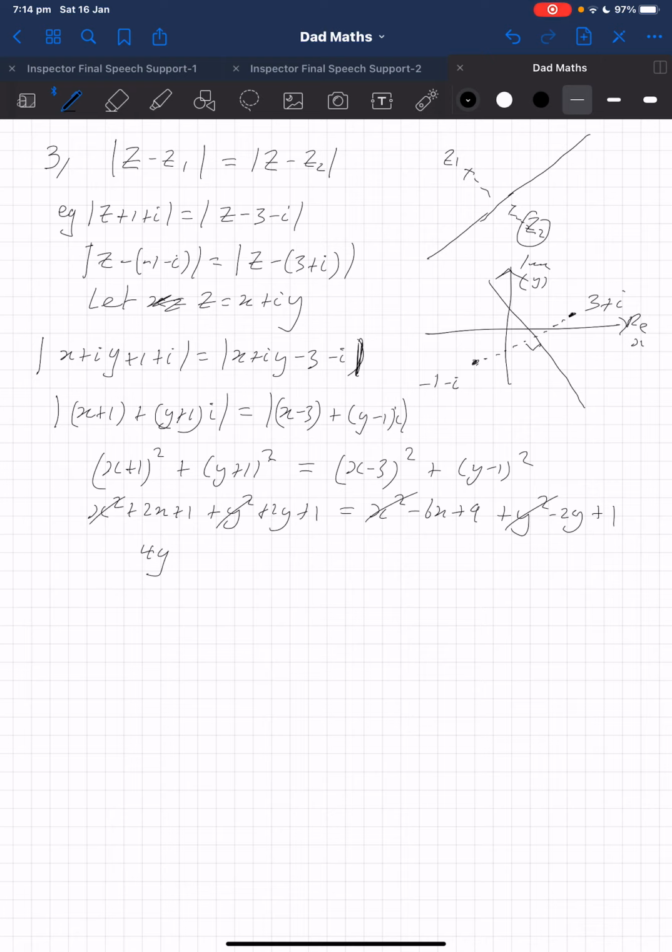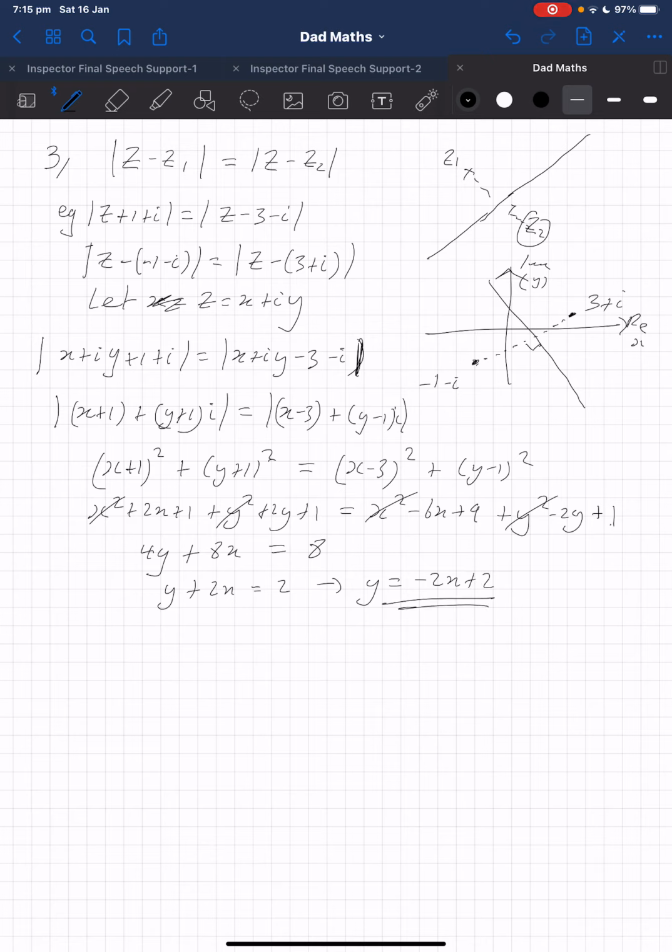Moving all the x's onto the left-hand side, we have plus 8x. Moving all the numbers onto the right-hand side, we have 2 on the left-hand side and 10 on the right-hand side, so we have 8. If I then divide by 4, we have y plus 2x equals 2, which leads us to y equals minus 2x plus 2.